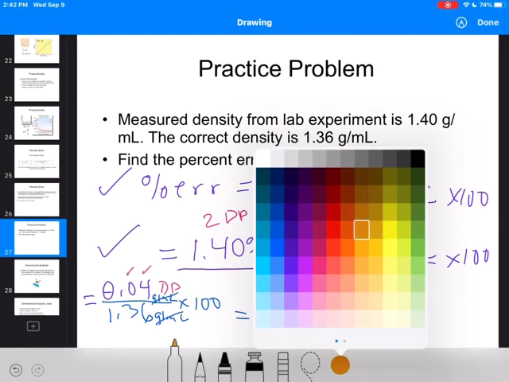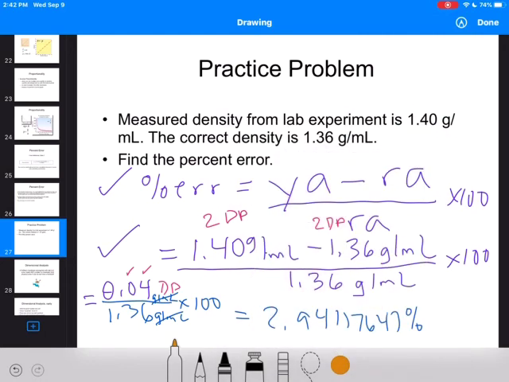So I have to be mindful of the fact that there is one significant figure in my numerator, and I have three significant figures in my denominator, and we said the 100 does not count. Doesn't count. So therefore, my answer can only have one significant figure. So I'm going to put a box around one significant figure, make sure I have the correct order of magnitude, and record the correct value as 3%.